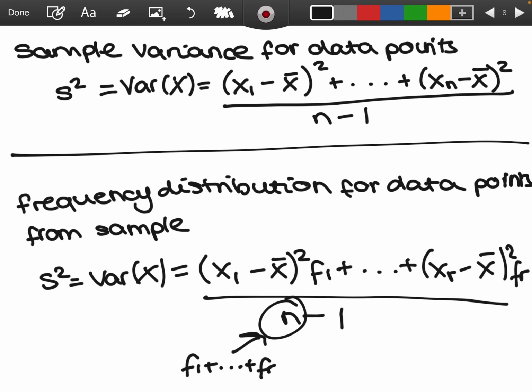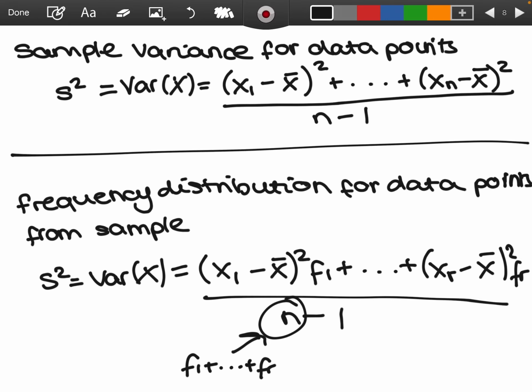So Sx is the sample standard deviation, sigma x is the population standard deviation. It calculates both for you because it's not sure whether you're looking at a sample of data points or a population of data points. So make sure that you read off the correct one if you are checking using a calculator. It will give you the standard deviation. You will then have to square that to make sure that it matches your variance, because remember, variance square rooted is the standard deviation. So standard deviation squared will be the variance, regardless of whether I'm looking at samples or populations.